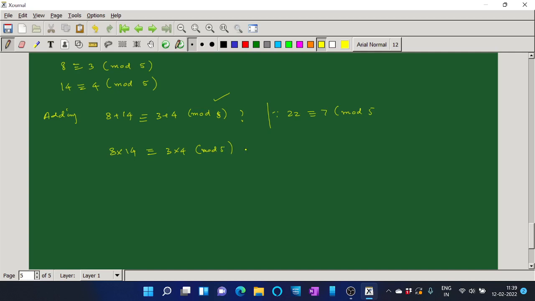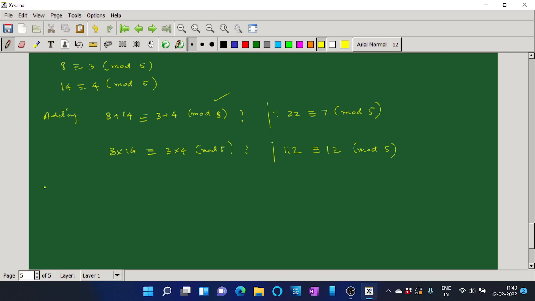So, this also you can verify. The reason is 8 into 14 is 112, which is clearly congruent to 3 into 4, that is 12, mod 5, because 112 minus 12 is 100, divisible by 5. And therefore, 8 into 14 is congruent to 3 into 4 mod 5.